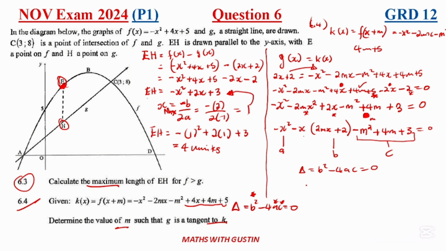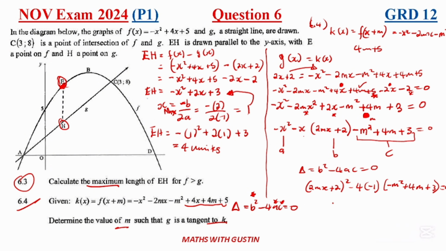So what is b there? b is going to be given by 2mx plus 2, all squared, minus 4. a is what? It is minus 1. Therefore c, in brackets, is going to be negative m squared plus 4m plus 3. It's a little bit tedious, but it can be done.